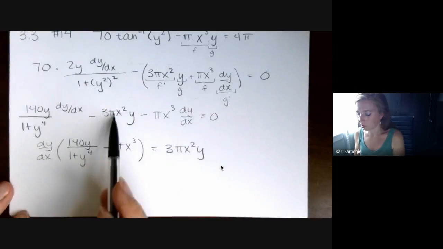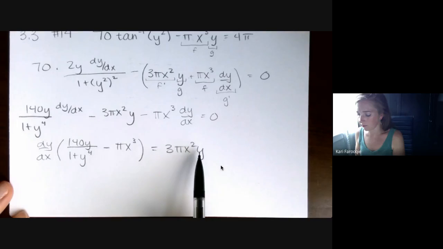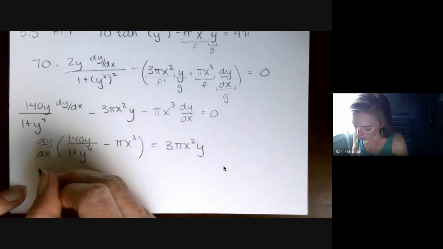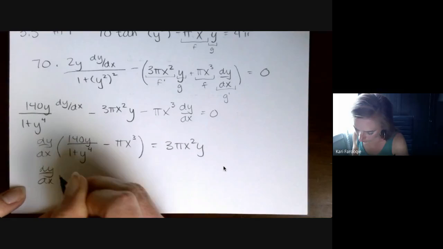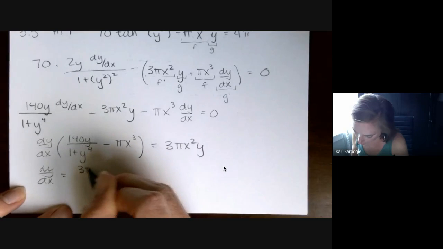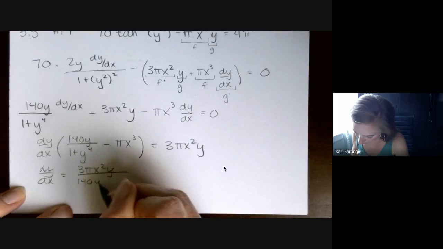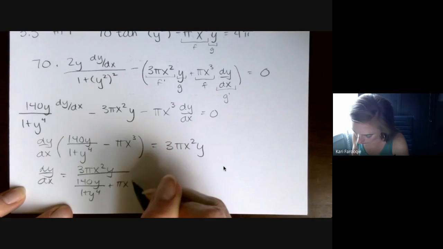So this term just moved over to the right. Then you can get dy/dx by dividing on both sides. And there's your complex fraction right there.